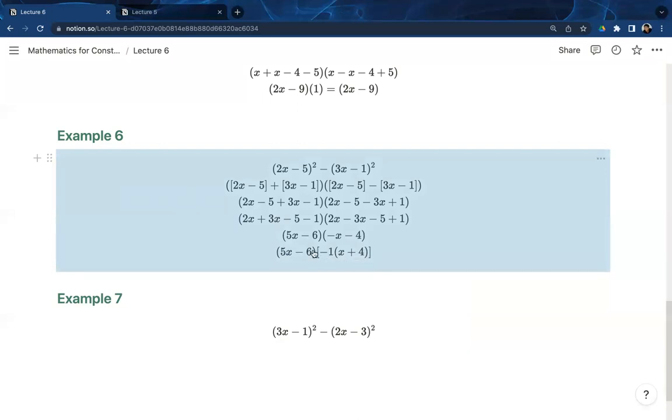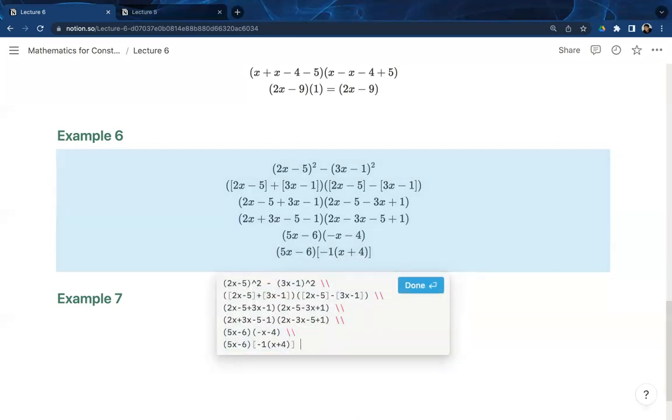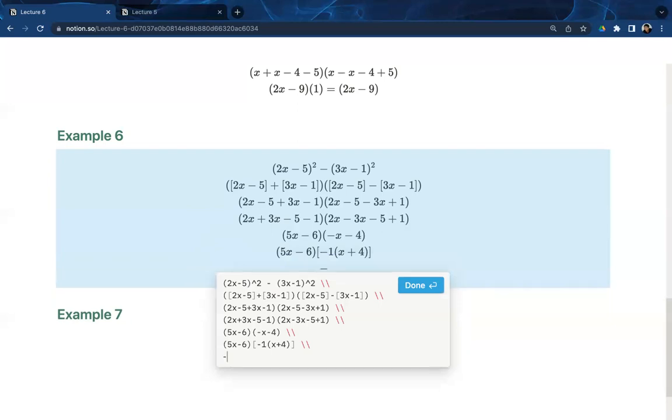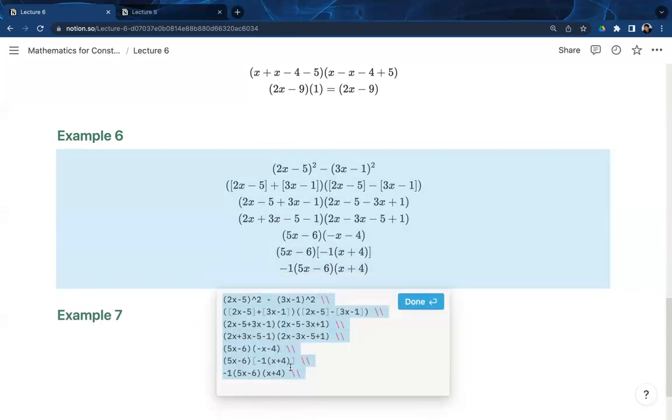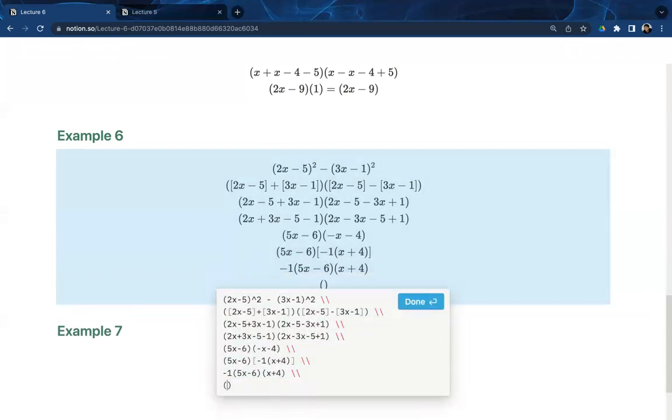Now you could leave your answer as minus 1 into 5x minus 6 into x plus 4, but I think a better way is to factorize the minus 1 and multiply it by everything in the first bracket. So what we'll get is 6 minus 5x, all by x plus 4.